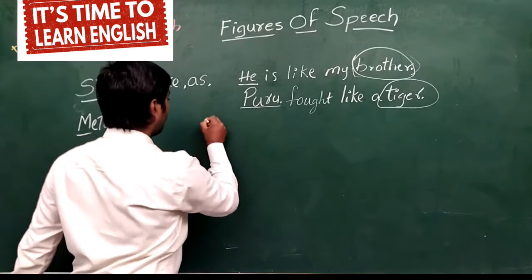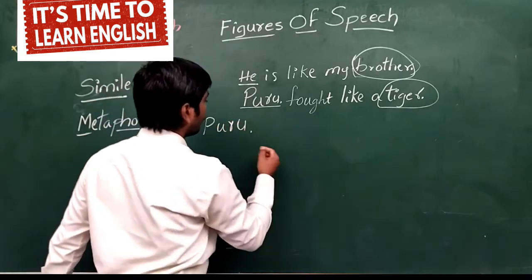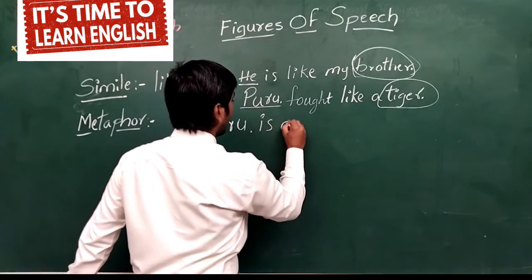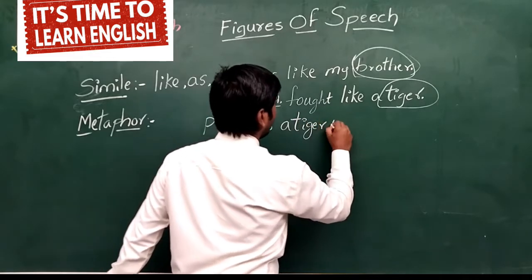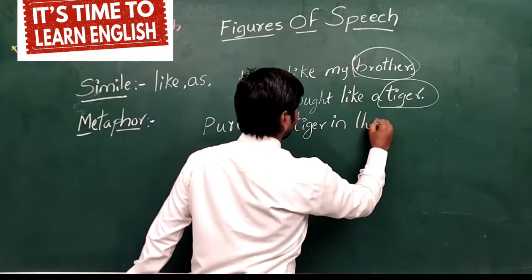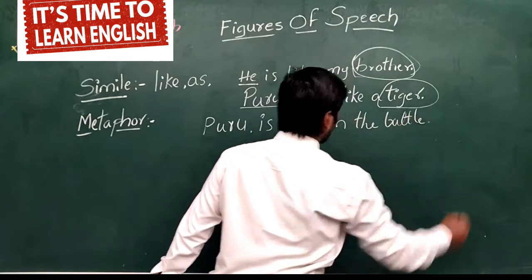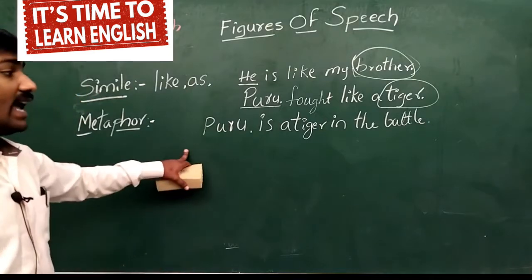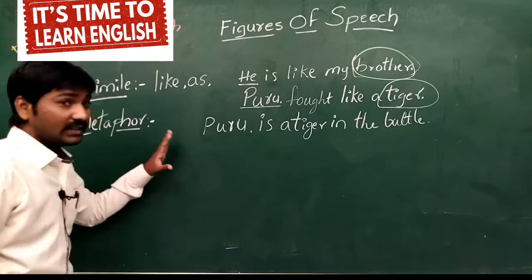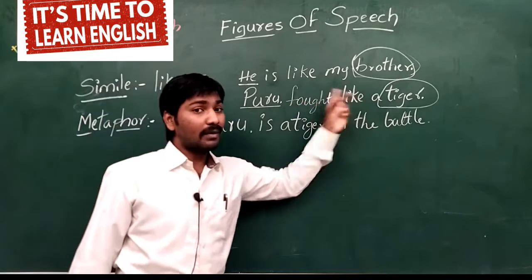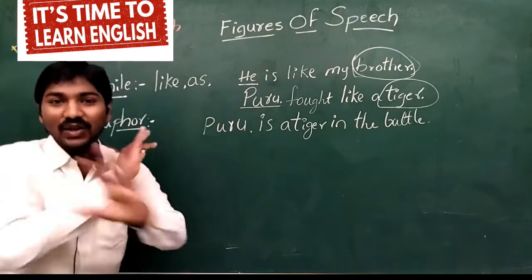And for comparing two unlike things or ideas without using like or as, let me write the same example: Puru is a tiger in the battle. So here, see children, there is no comparison.